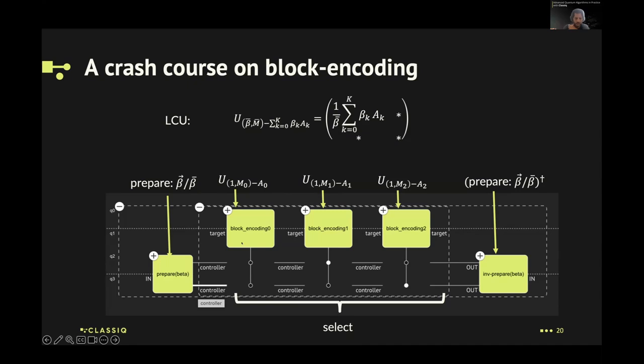You select the first unitary controlled on the prepare variable being 0, the second if it is 1, and the third if it is 2, and then you do the inverse preparation. This is the LCU, this is how you can encode a weighted sum.